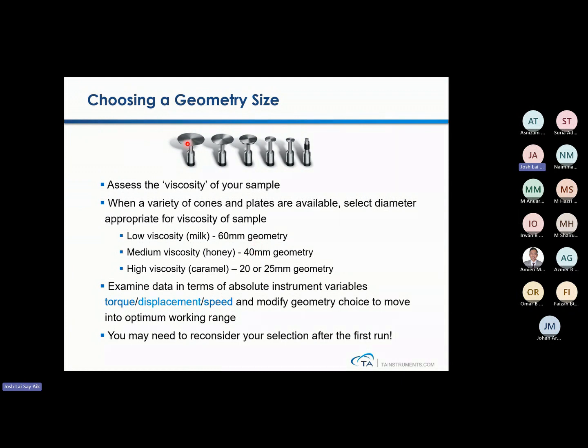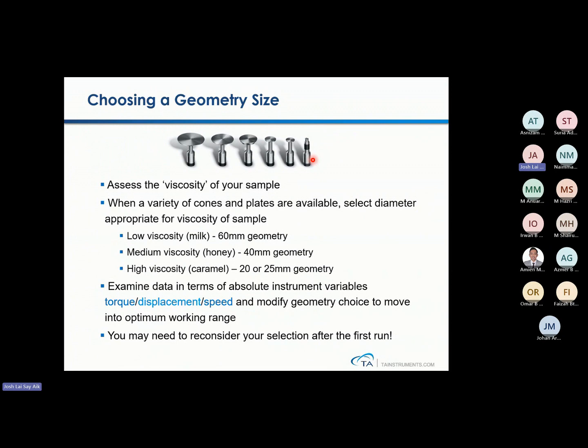Larger surface areas increase the sensitivity of the rheometer to measure very low viscosity samples. For medium viscosity like honey, you can go for 40 mm. If it gets thicker like caramel, very thick, almost having structure, then you can go for 20 to 25 mm, or even 8 mm if you feel you cannot generate a good shear stress on your samples.